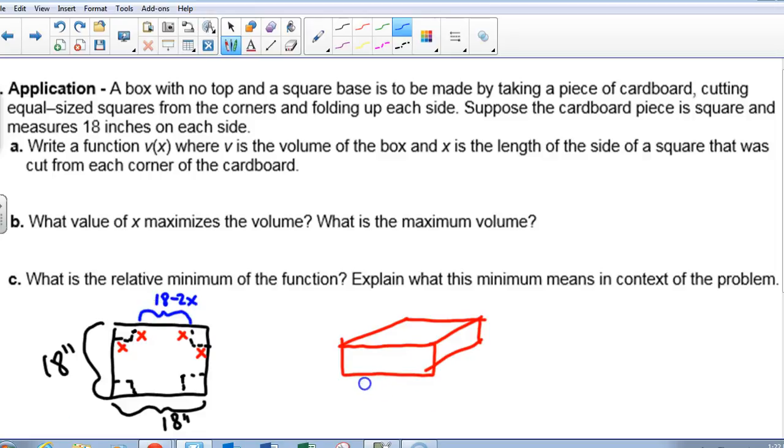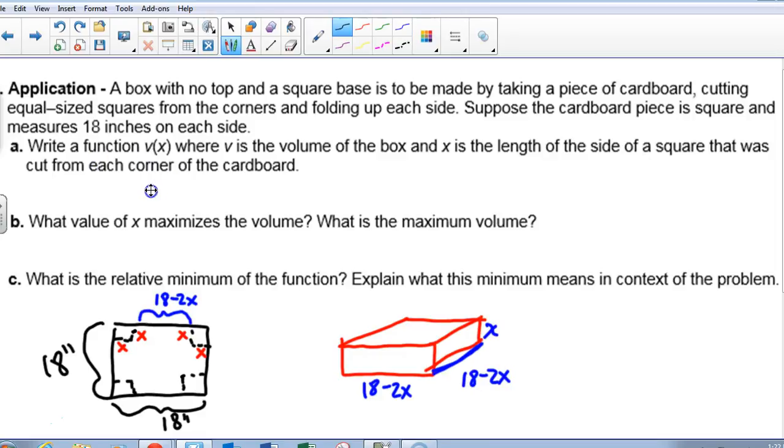Nicely done, John. This is 18 minus 2x. It was a square, so what's this dimension going back this way? 18 minus 2x. Now, how deep is our box? Yes, the squares we cut out to make the depth were x.